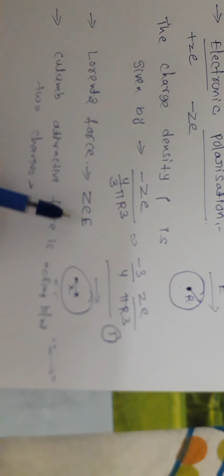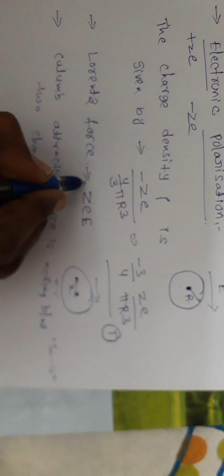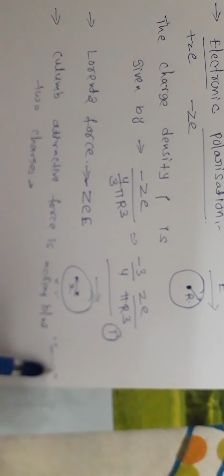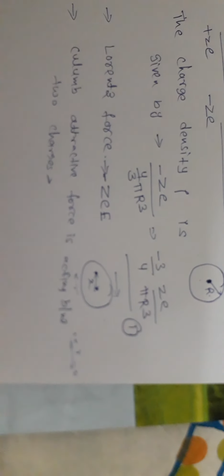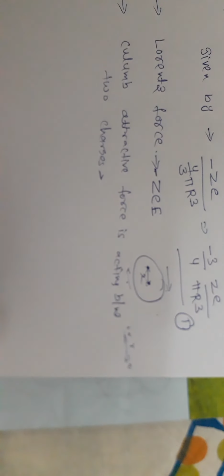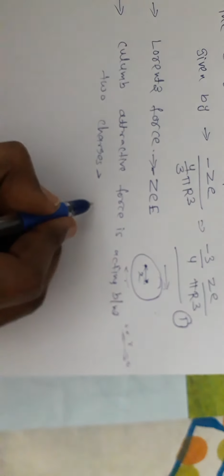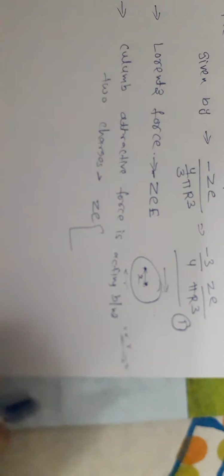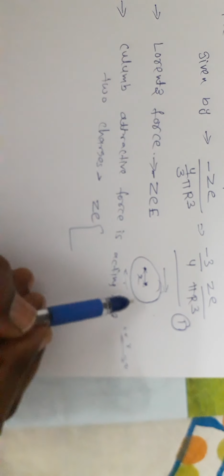So the Lorentz force is minus ZeE. For the Coulomb attractive force, the general equation for charges Q1 and Q2 separated by distance r is Q1 Q2 by 4 pi epsilon naught r square. Here Q1 is the charge Ze, and when the field is applied, the negative charge is displaced.